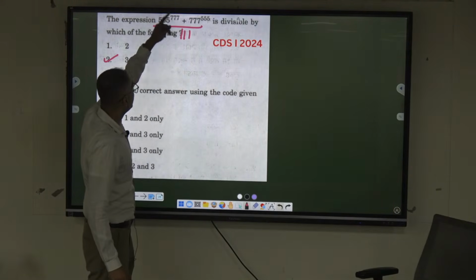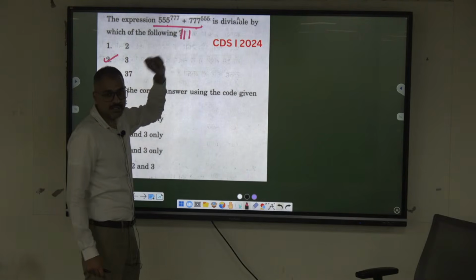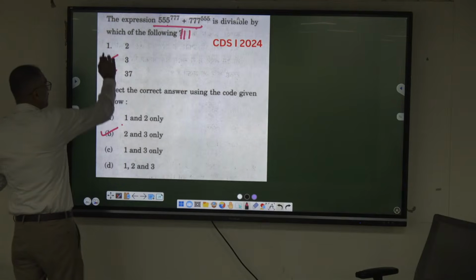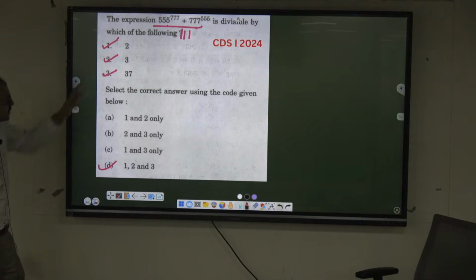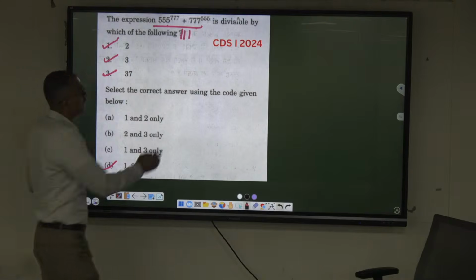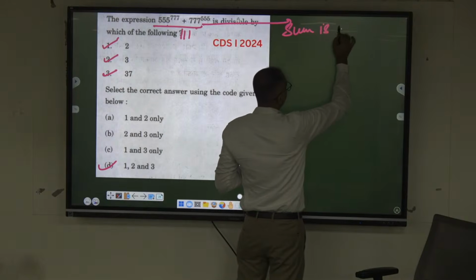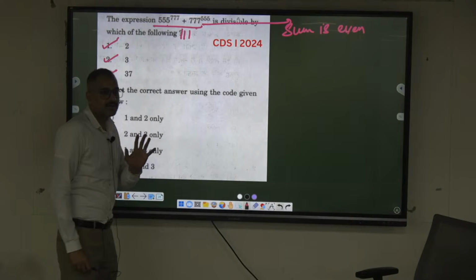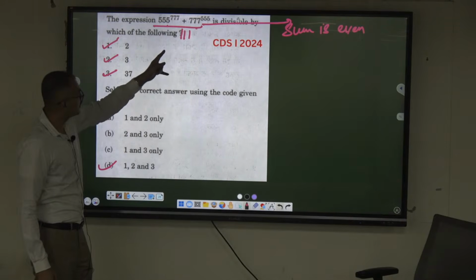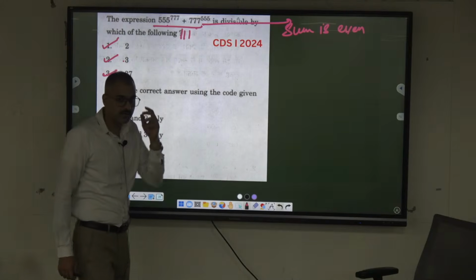Odd to the power of anything is what? Odd. Odd plus odd is even. So 2 is also possible in this case, right? So 1, 2, 3. The sum is even. Any even number, irrespective of the 111 rule, 37 rule, is always divisible by 2. This is the 111 rule, hence it gets divided by 3 as well as 37. So 1, 2, 3, all.